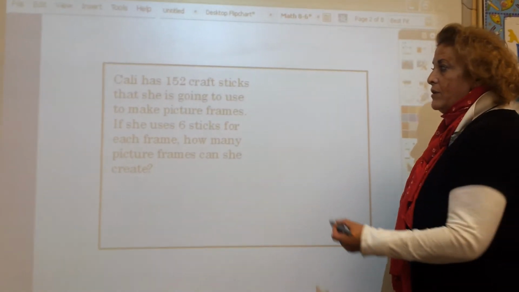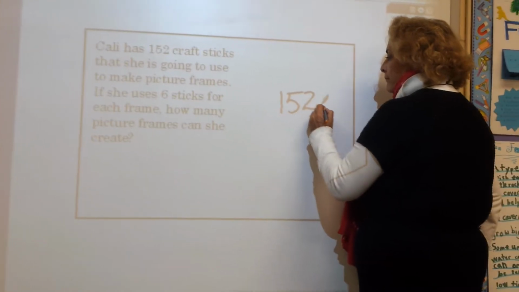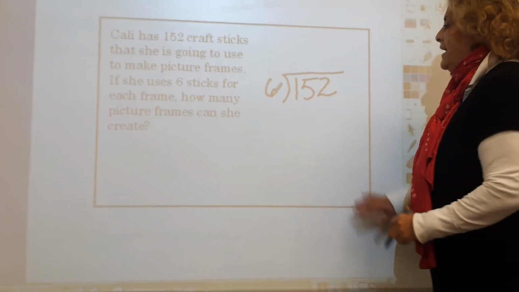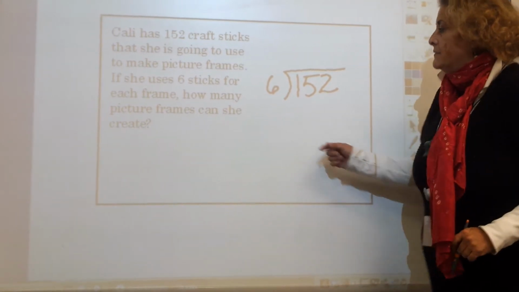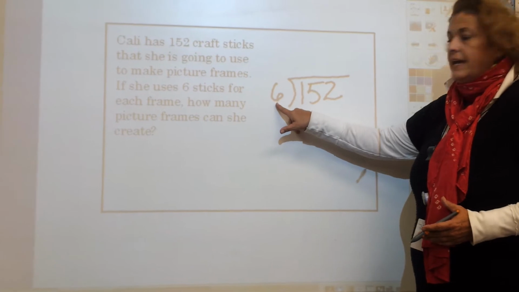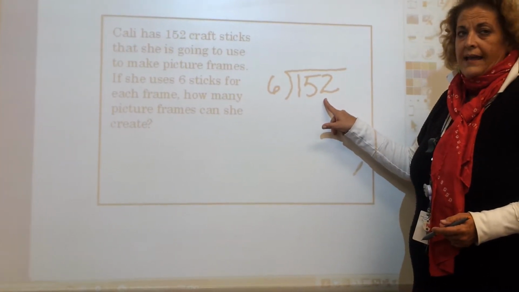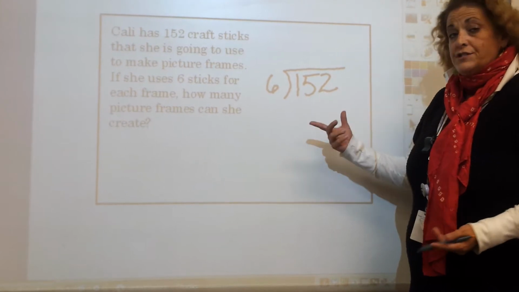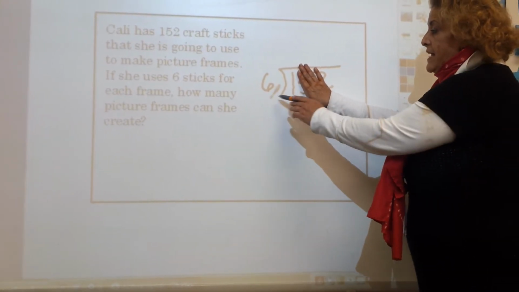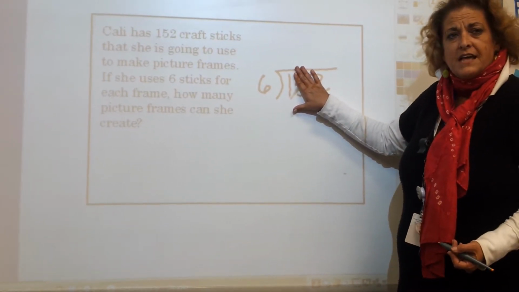Let's write our division problem. 152 divided by 6. All right. When we divide, we look at our divisor and we look at the digits inside the division bracket. The first thing I ask myself is, can I make a group of 6 out of the first digit, which is 1?